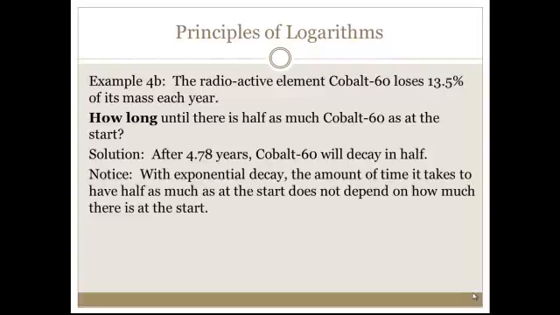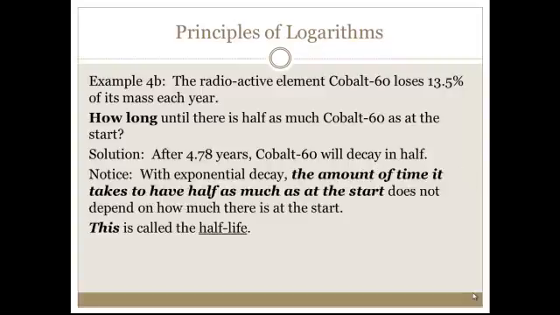Notice, with exponential decay, the amount of time it takes to have half as much as at the start does not depend on how much there is at the start. This amount of time is called the half-life. We say that the half-life of cobalt-60 is 4.78 years.